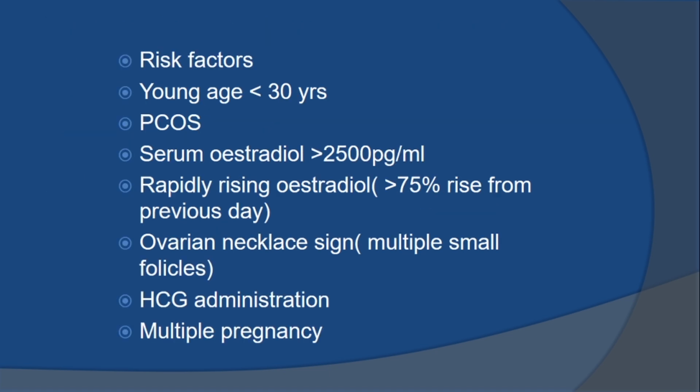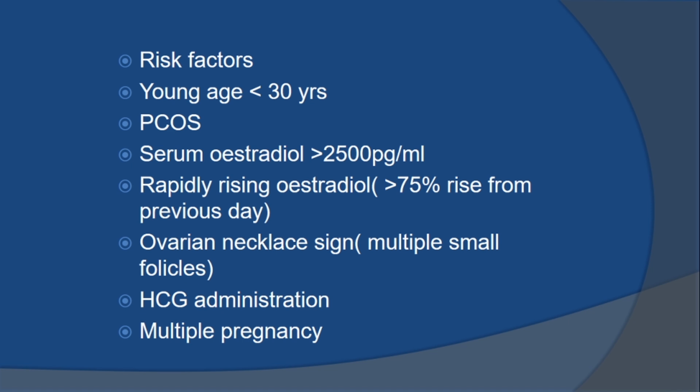It usually occurs 3 to 6 days after administration of HCG, and it could be mild, moderate, severe, or critical. The risk factors for OHSS include young age, less than 30 years, and people that have polycystic ovary syndrome, where you have serum estradiol that is greater than 2,500 picogram per ml during stimulation cycle, or rapidly rising estradiol from the previous day.